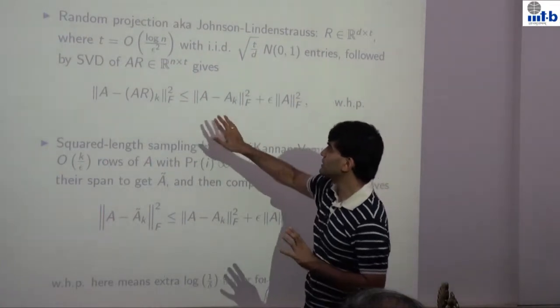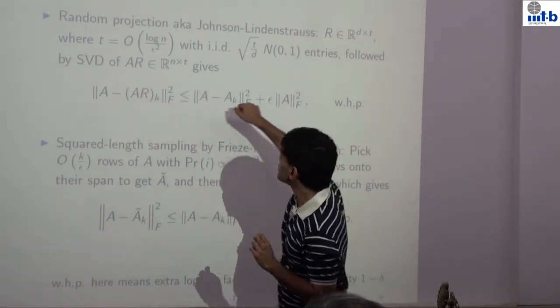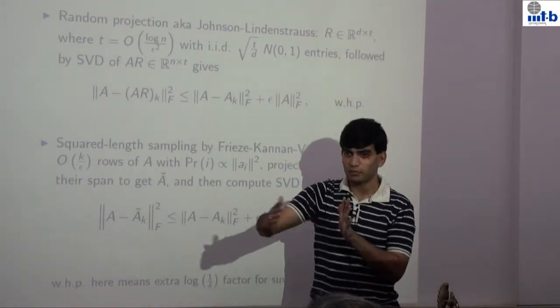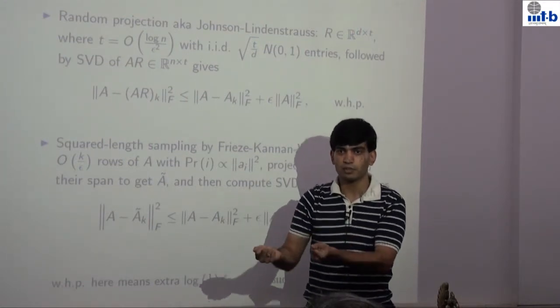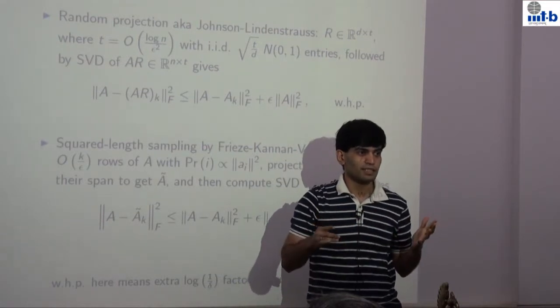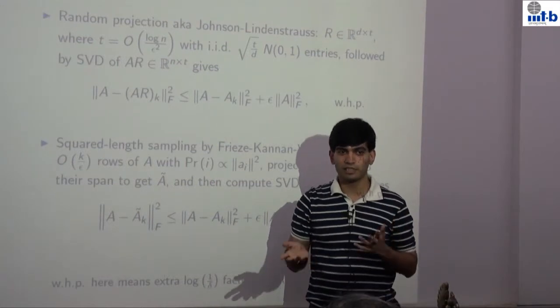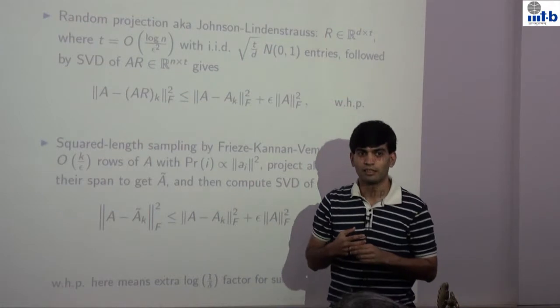So it approximates that very well, and the additional advantage is that we have reduced one of the dimensions from d to t. There is a matrix multiplication that we have to do, but after that, when we compute the singular value decomposition, instead of it being an n by n matrix, it will be an n by log n matrix, which is much easier to compute your singular value decomposition on.